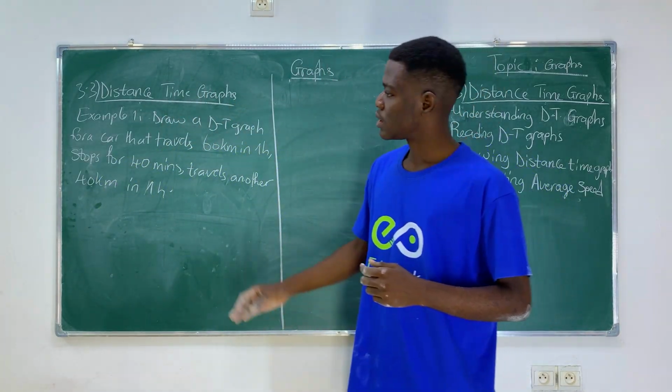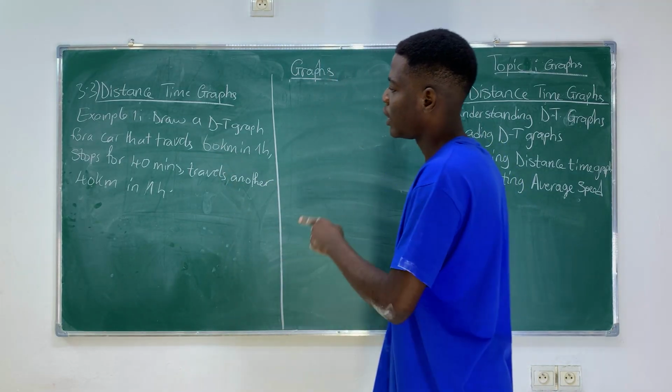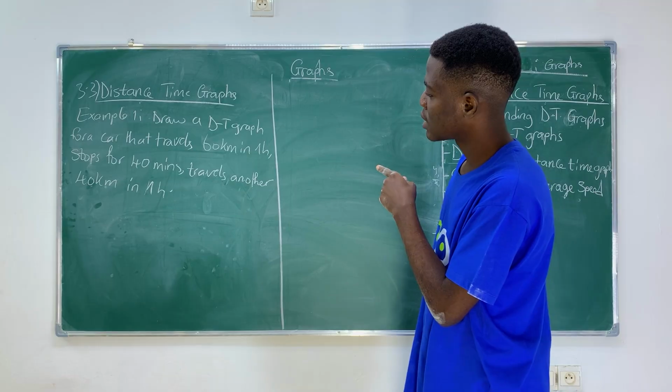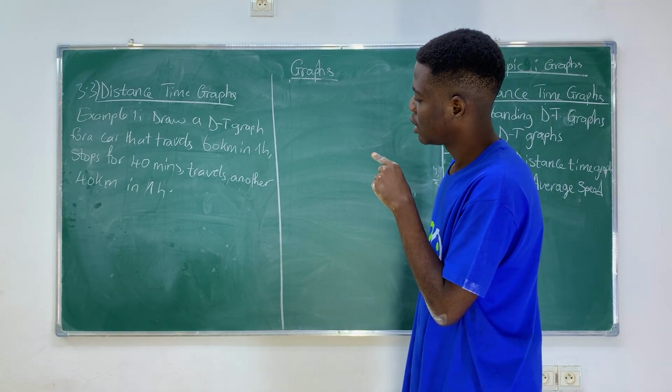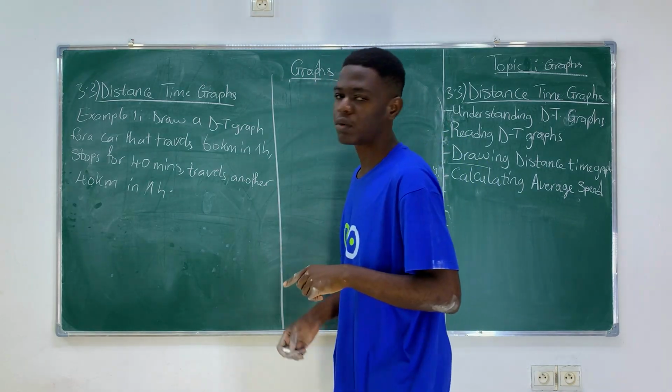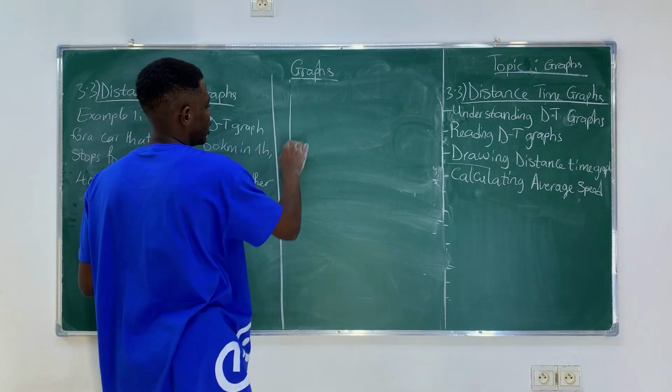So we have to draw a distance time graph for a car that travels 60 kilometers in 1 hour, stops for 40 minutes, travels another 40 kilometers in 1 hour. So let's draw again.